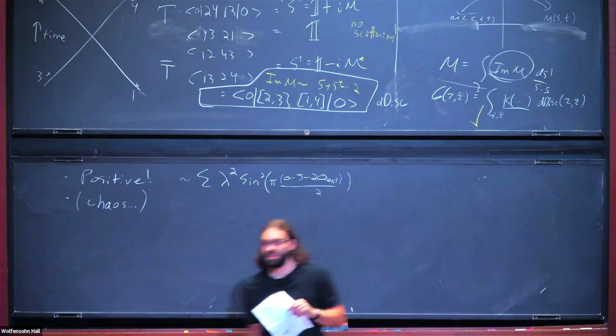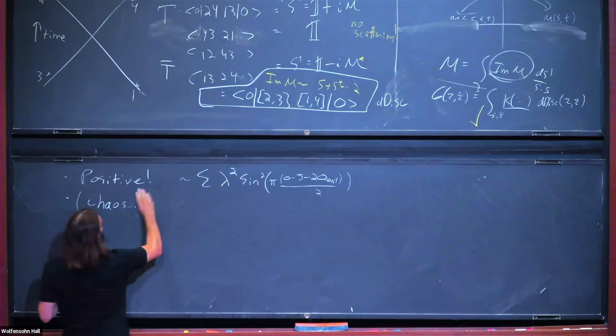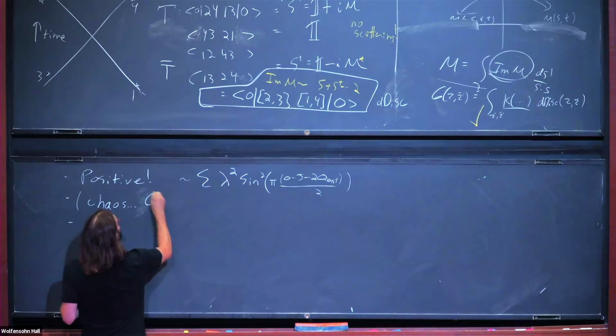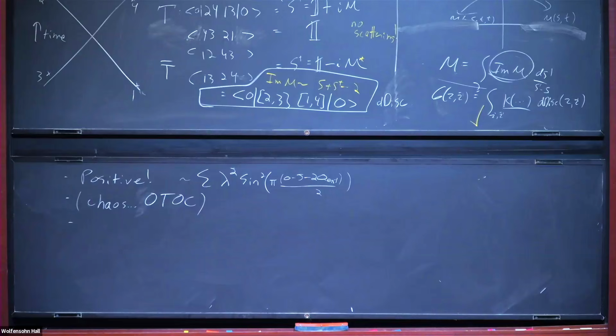And this literature is called the out-of-time order. This commutator square appears in discussion of the out-of-time order correlator. So that's the same object.